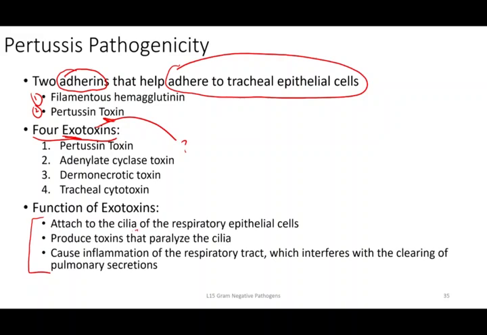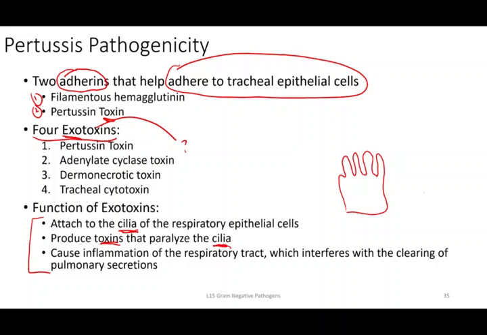As we mentioned, the adhesins allow attachment to the respiratory tract cells. The toxins are going to negatively affect those cilia. If you don't remember, when you look at these cells, they have these finger-like extensions on them. That's a terrible drawing, but you can think of the cilia as brooms that are sweeping.